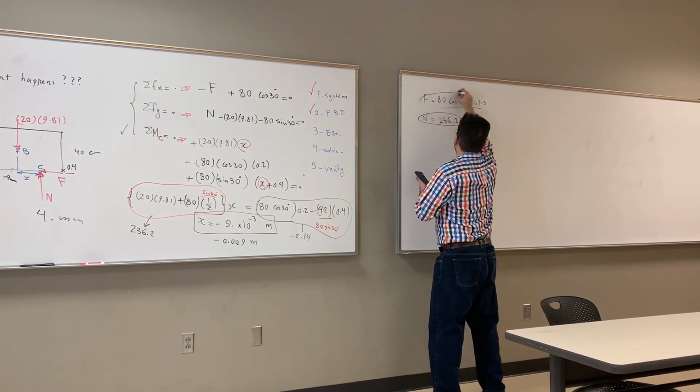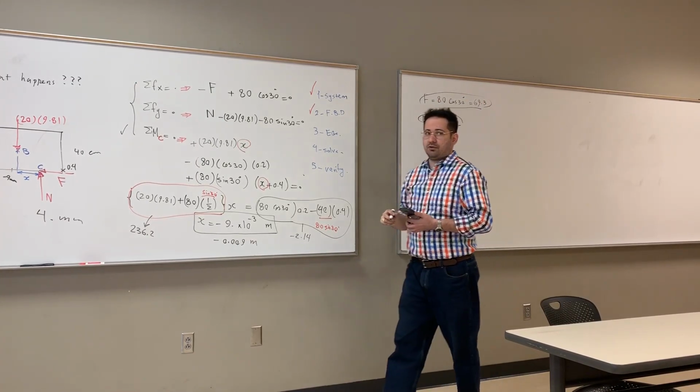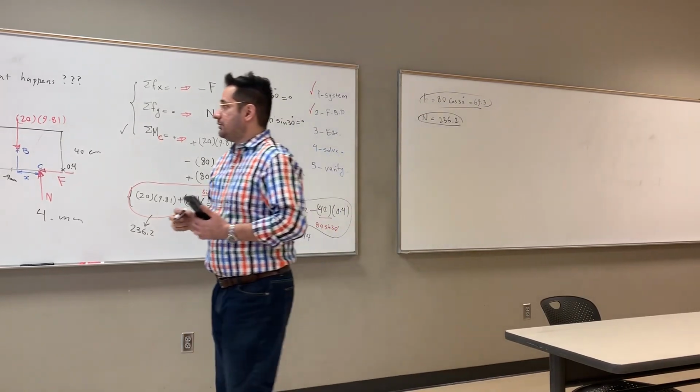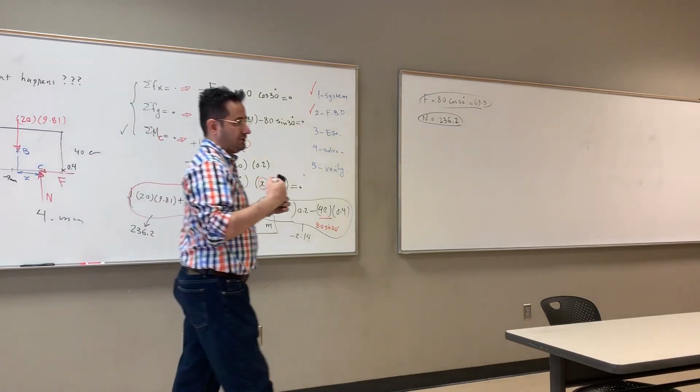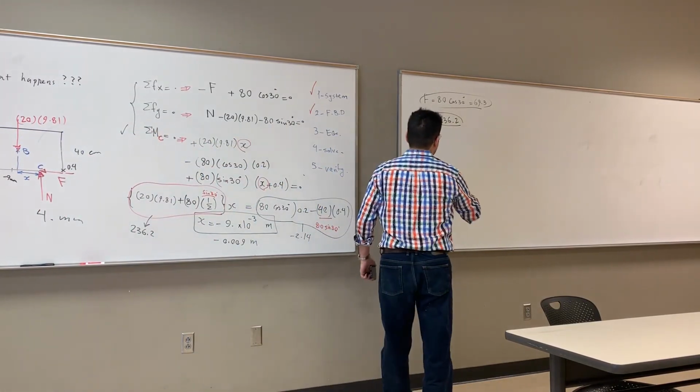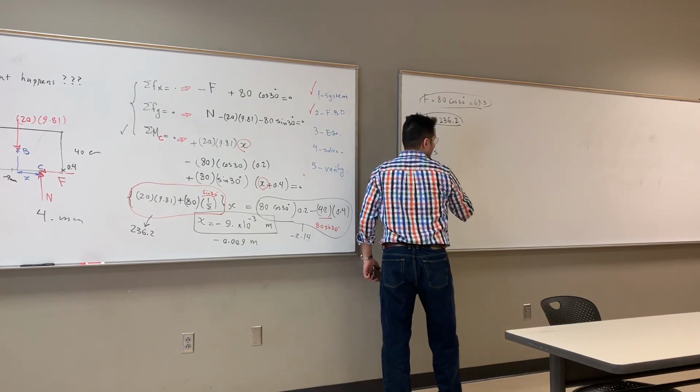Right? So these are all the unknowns I have. So I solved all unknowns. Now, in order to answer the question, does it slide to the right or stay at equilibrium, I ask the question, what's the maximum possible friction force? The maximum possible friction force is Fs, the static.